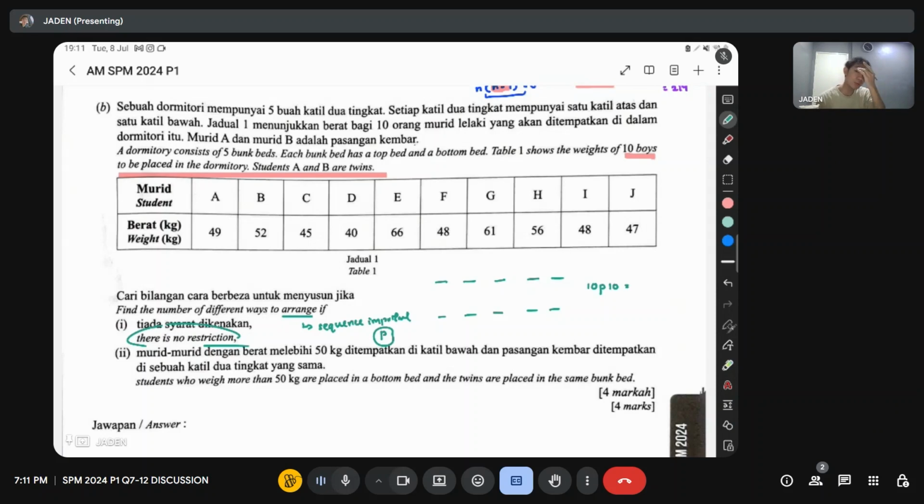So when they ask for different ways to arrange, I'm going to give you 10P10. Because we have 10 bunk beds and 10 students, I will apply all, and then 10P10 will give you the answer. Let me double check the answer with a calculator just to be safe.